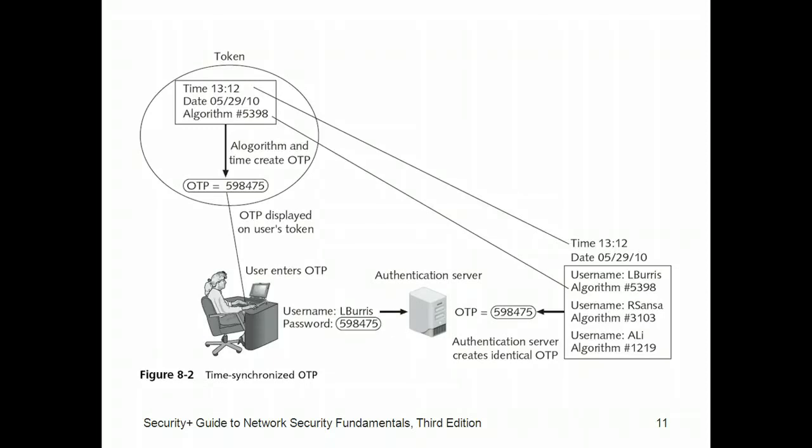So in this example here, the user enters their one-time password, goes to our authentication server. The authentication server takes that, applies an algorithm to it, kicks it back to the user's machine, and basically what it ends up with is that token there that says the algorithm 5398, which creates that one-time password for that machine.